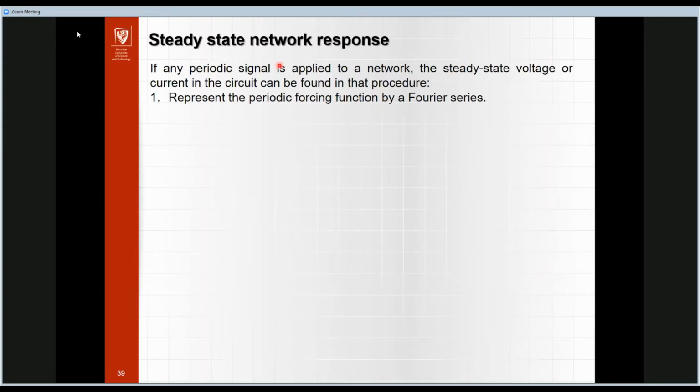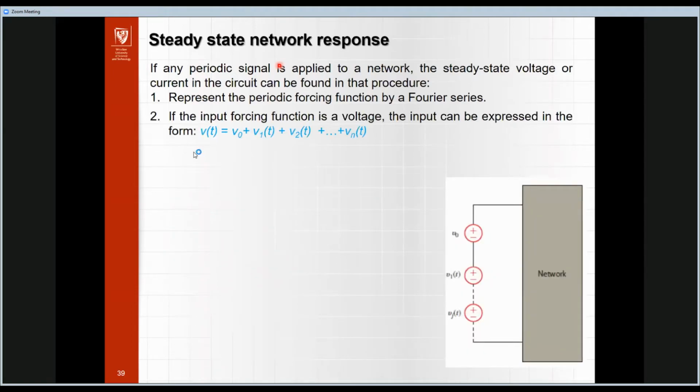Okay, so firstly, we have to represent the periodic forcing function by a Fourier series. If the input forcing is a voltage, the input can be expressed as a sum of voltages, and the voltage sources should be connected in series.